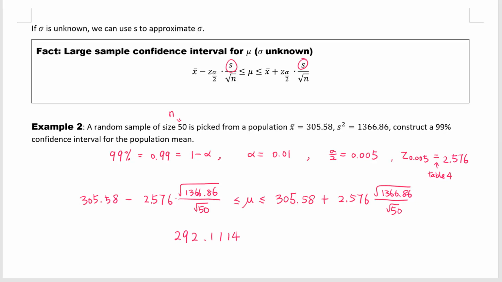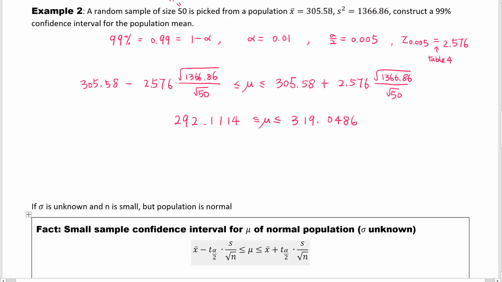So this we round to 4 decimals. Okay, and for the right hand side we just go up to that row and then change the minus to plus. You don't need to type the whole thing again. You can always go up in your calculator, choose the previous formula you input, and then change the sign there. So I get 319.0486. The next digit is 1, so we don't round up, we round down.